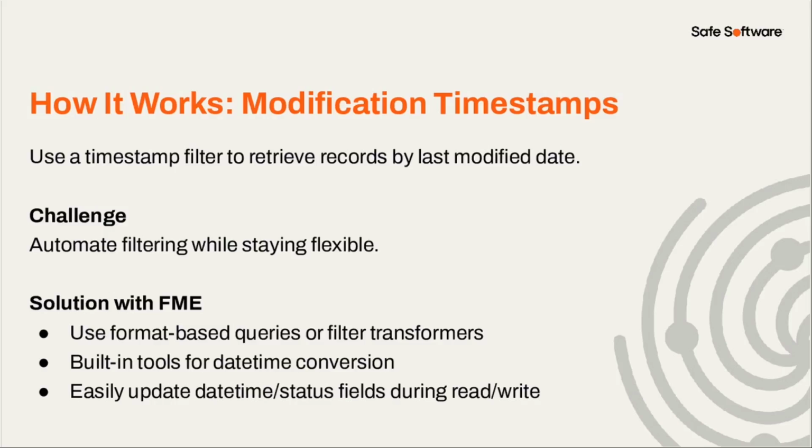FME supports format-based queries and filter transformers for dynamic filtering. We have built-in tools to simplify date-time conversion and manipulation across different formats. And it's easy to update modification timestamps or status fields during read and write processes, and that ensures that records will remain accurate and traceable.